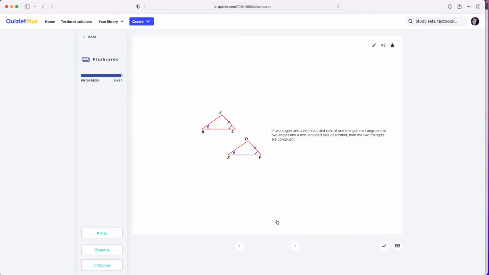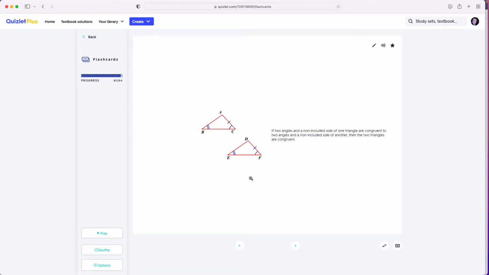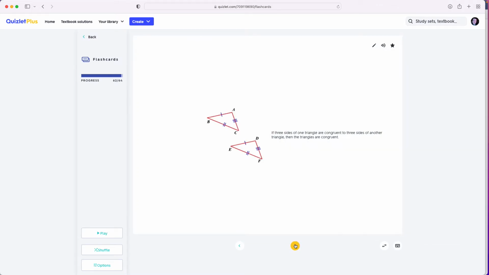So, again, it's called the angle angle side postulate because you have an angle and then an angle and then a side. On the previous one, we had a side, an angle, and a side. And then on the next one, we'll have side, side, side. That's the side, side, side postulate. So if you have 3 things that are the same in a triangle, then the triangles are congruent, period.